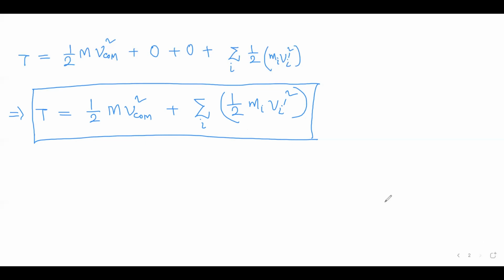Now let's see what will be the work done if there is an external force acting on the system. So let's say the particle goes from point 1 to point 2.